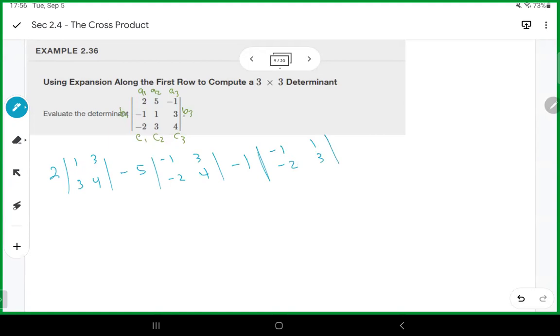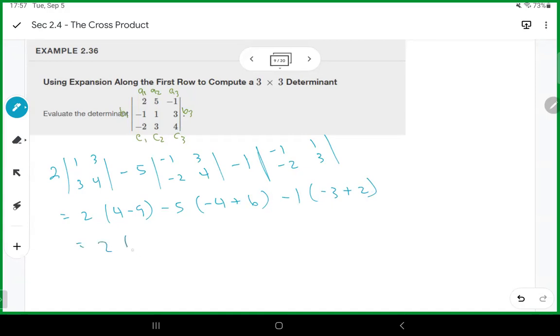And then we will have 2 times 4 minus 9, minus 5 times negative 4 plus 6, minus 1 times negative 3 plus 2.